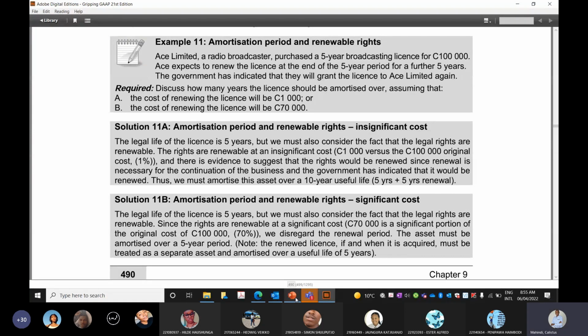Anyone else have an opinion on what you do with the 1,000? I want you to think, if this was real life, what would you do with the 1,000? So there's one option of making a provision.